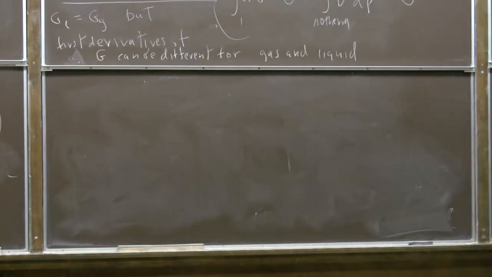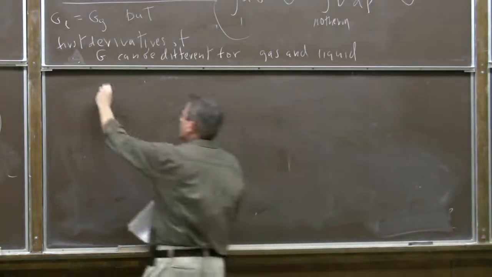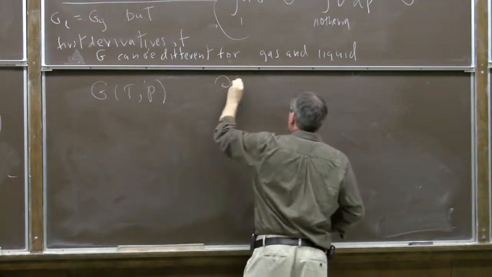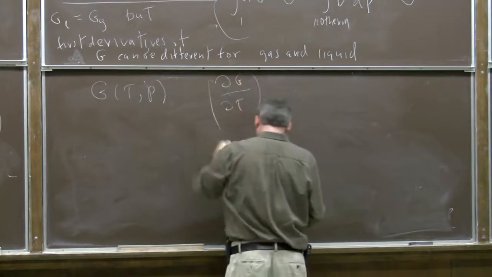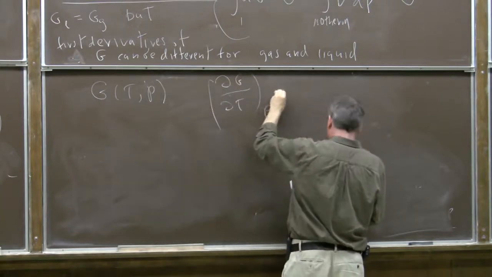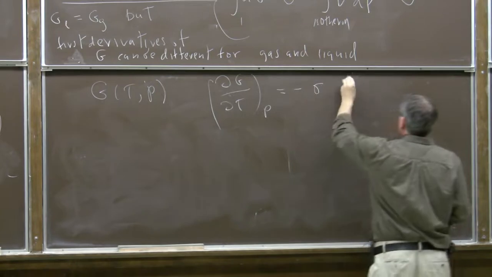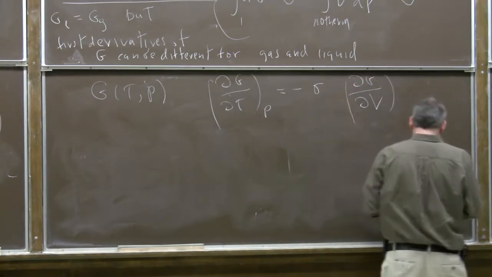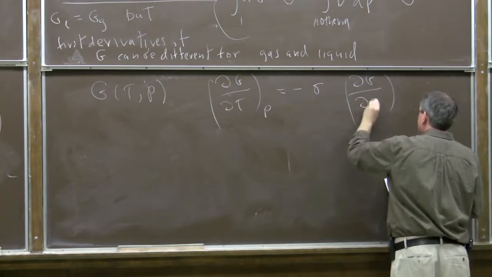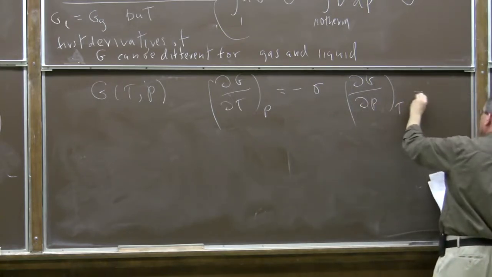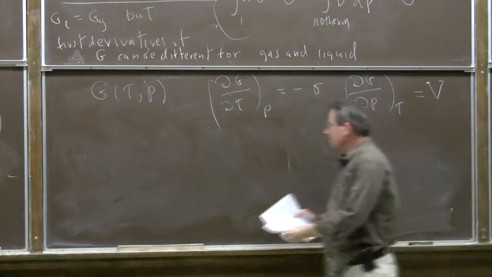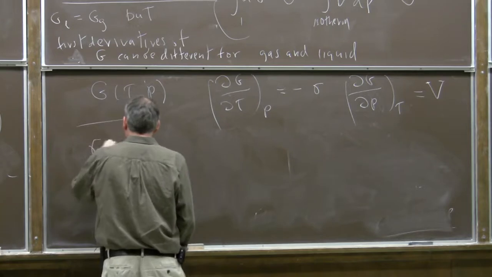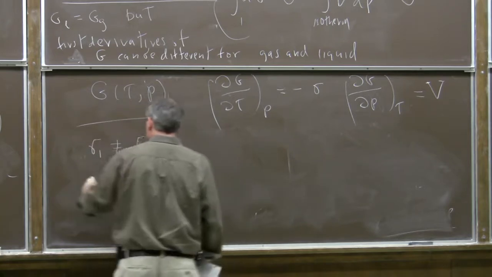So in the case of the Gibbs free energy, regarded as a function of temperature and pressure, remember its derivatives. With respect to temperature with pressure fixed, that's minus entropy. And with respect to pressure, with temperature fixed, that's equal to volume. So, as we've already discussed, sigma 1 doesn't have to be equal to sigma 2.